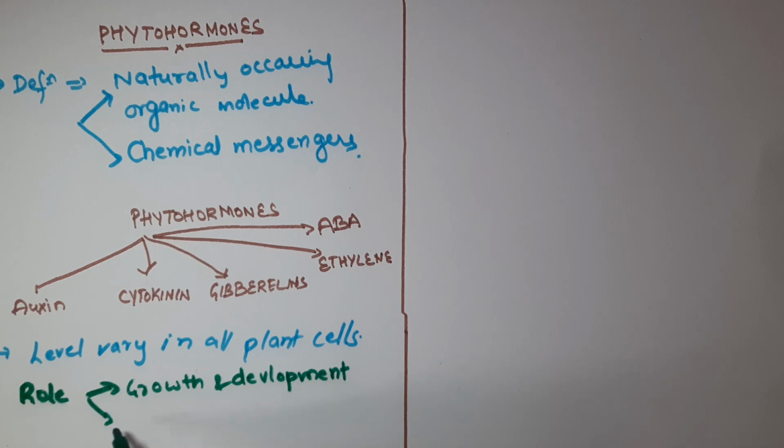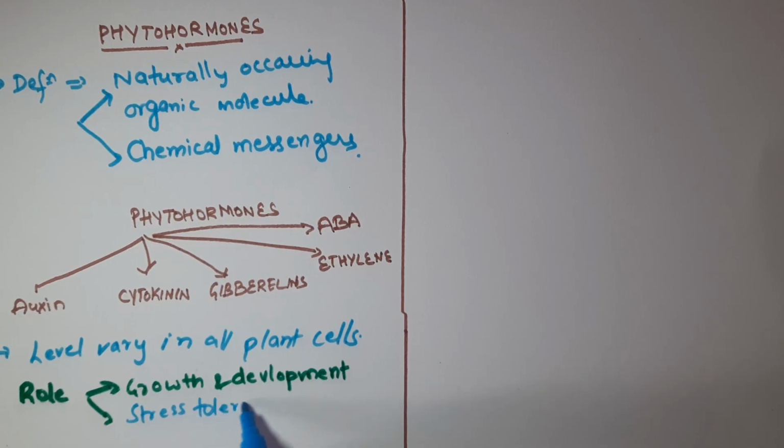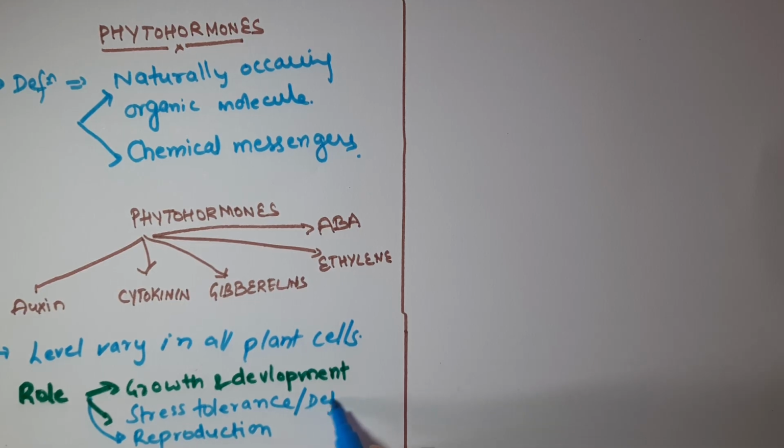The second is stress tolerance. Third, they assist in reproduction also. And they play a role in the stress tolerance as well as the defense response of the plant. So these are the 4 basic roles of the phytohormones.